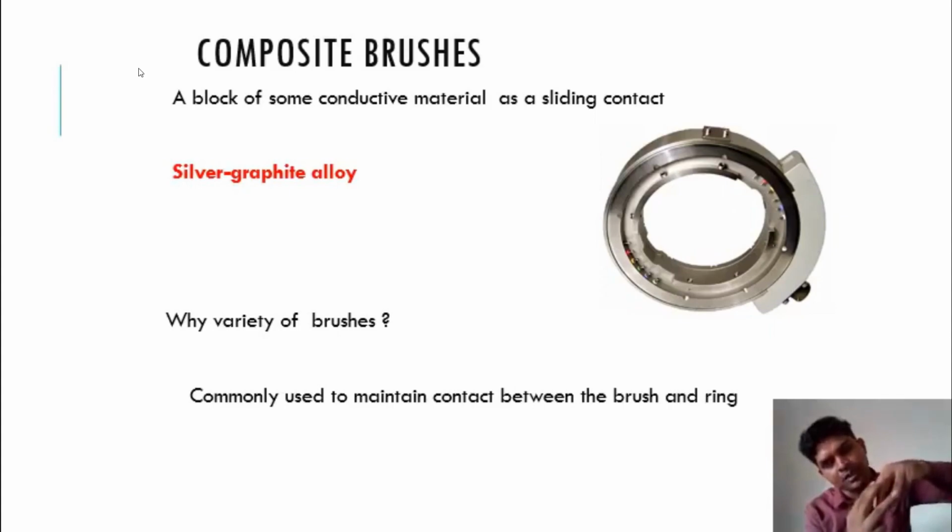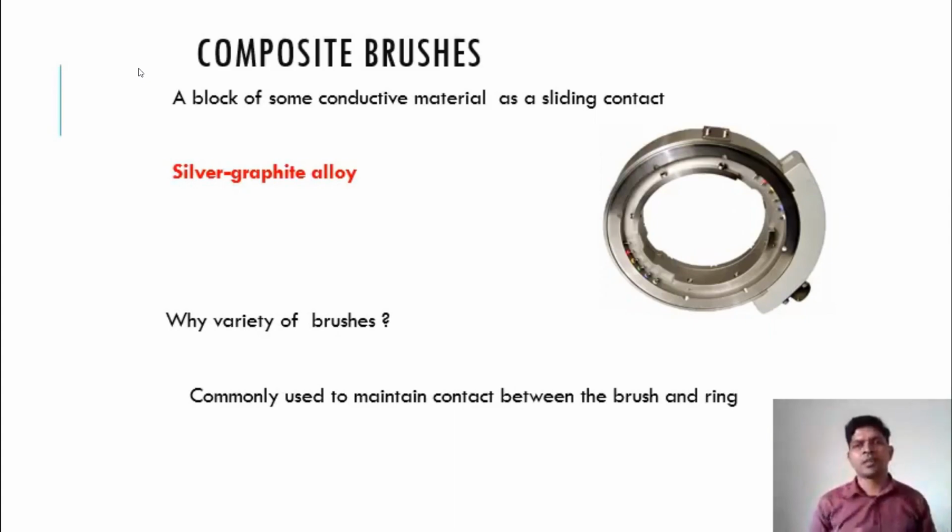That's the first one. Another one is the composite brush, where a conductive material is in sliding contact continuously. Previously, with wire type brushes, this is the ring and this is the wire, touching continuously when the slip ring rotates.